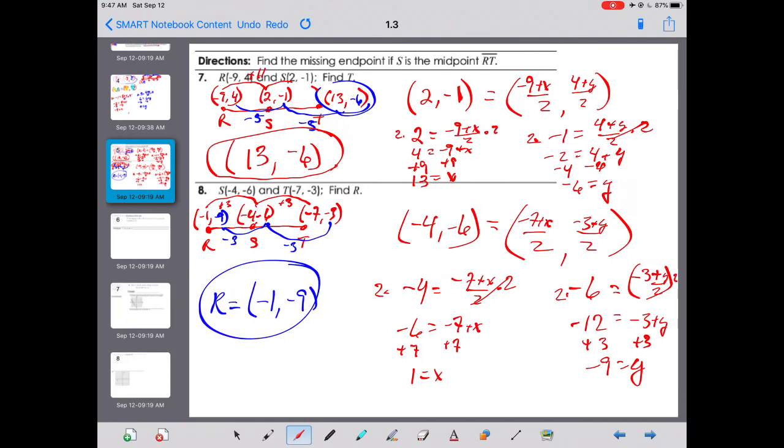So my math is getting me one thing. Should be a 1. So which one is it? Let's see. If we take the point 1 comma negative 9, it can't be a 1. So why is my math weird?